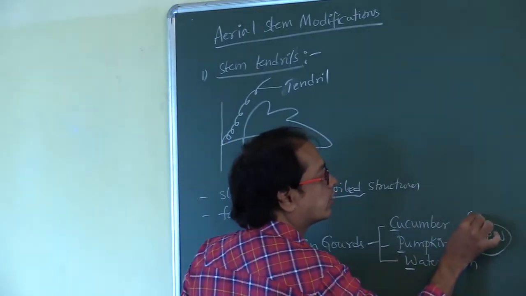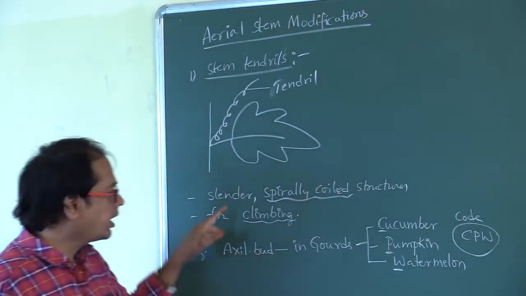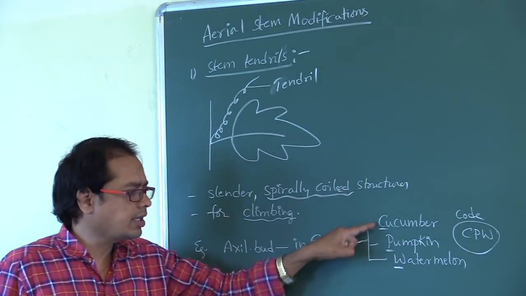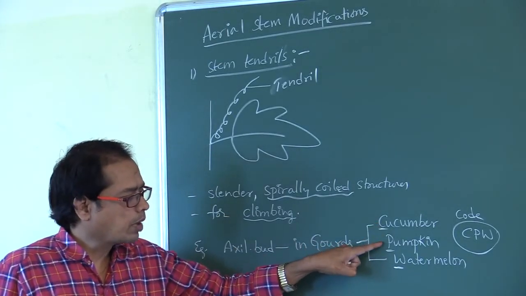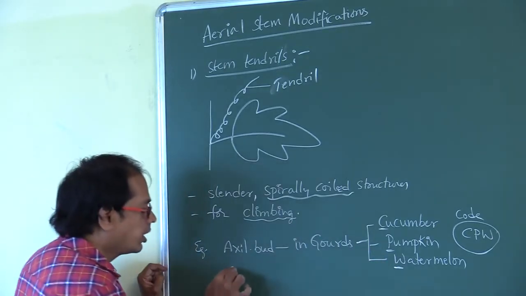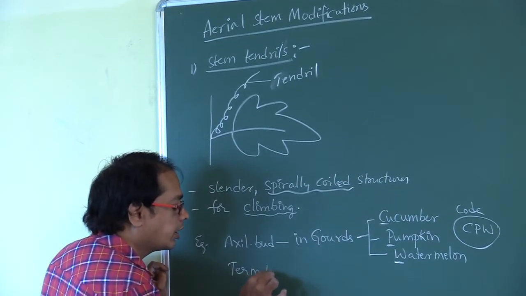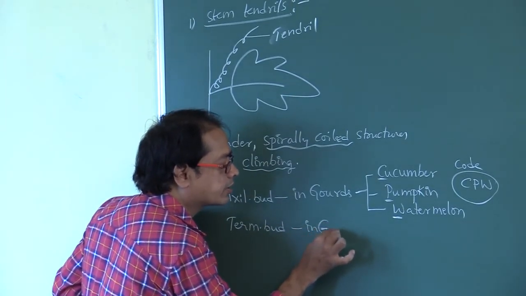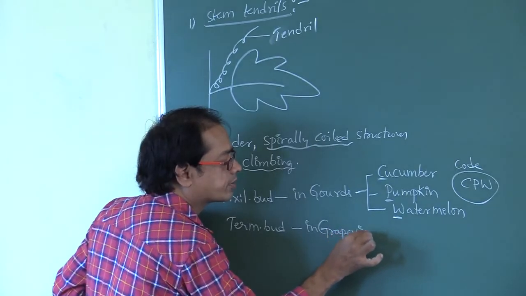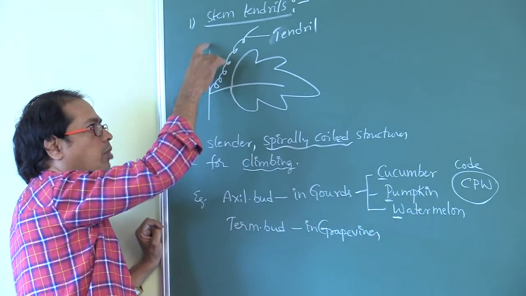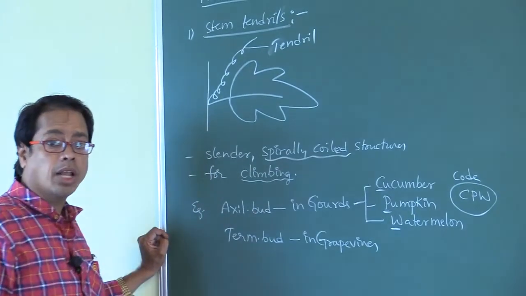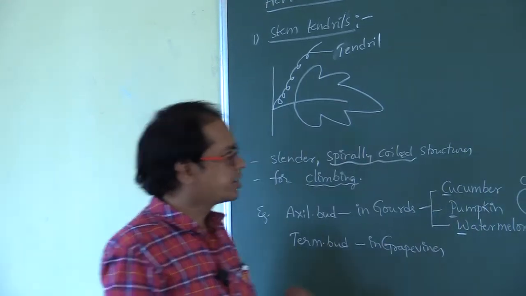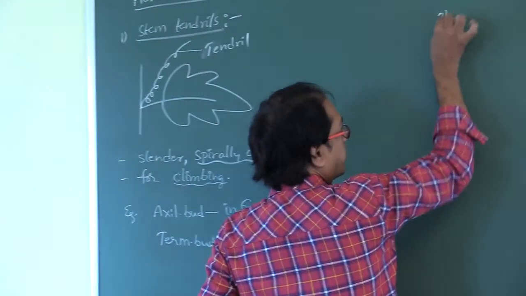So the axillary bud is modified into a tendril in gourds like cucumber, pumpkin, watermelon, and the terminal bud is modified into a tendril in grapevines. When the stem is modified into a tendril, that is, the terminal bud is modified into a tendril. Example, grapevines.